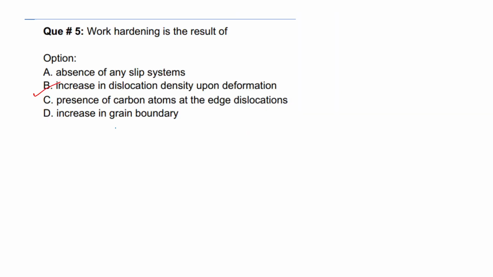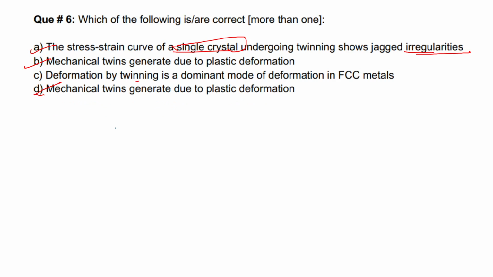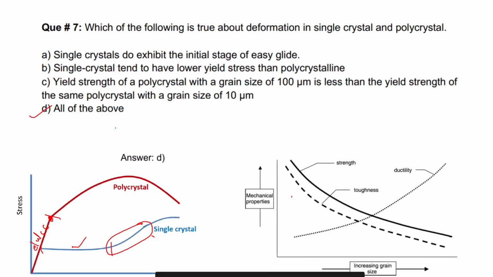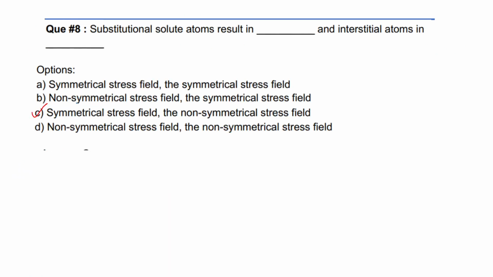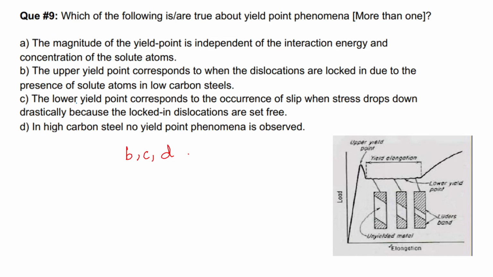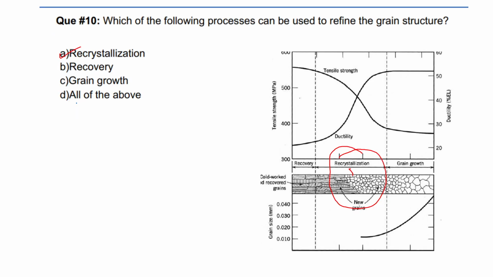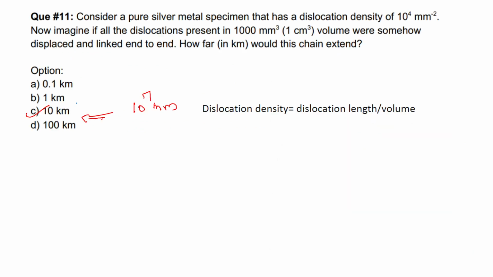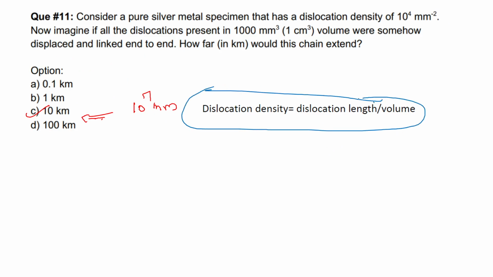Then some basic questions, and you should know the single crystal things. You can see the single crystalline and polycrystalline stress strain curves, so go through them. Substitutional and interstitial defects: you should know which will be symmetric and which will be non-symmetric cases. And you should know about the annealing and recrystallization process and how the grain boundary looks.